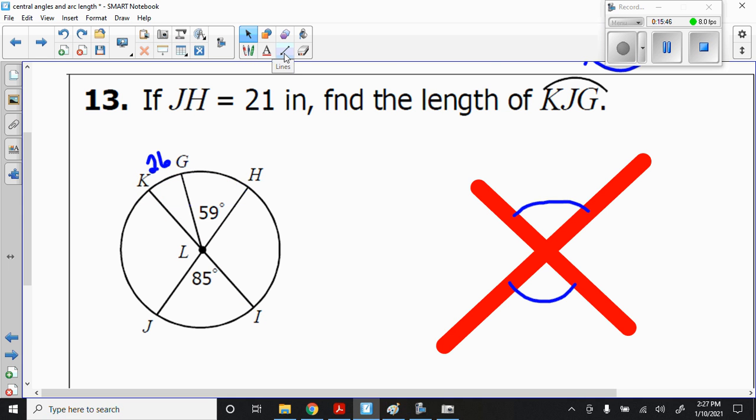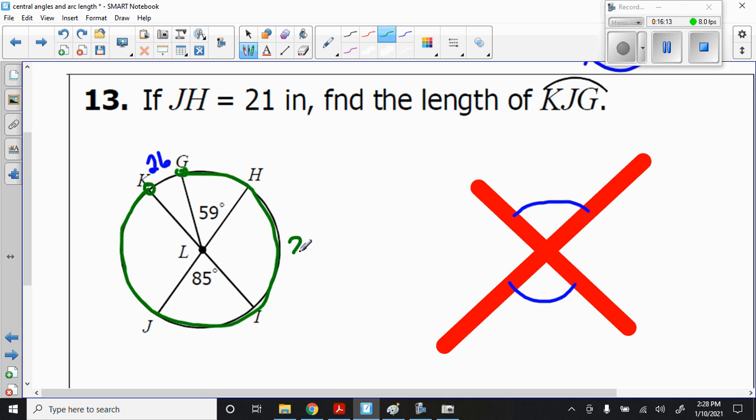Now, if you remember, the arc that it talked about and wanted started at K, went all the way around, and ended at G. So that means I can find all of this by subtracting 26, not from 180, but 360. We're dealing with a whole circle there. 360 minus 26.